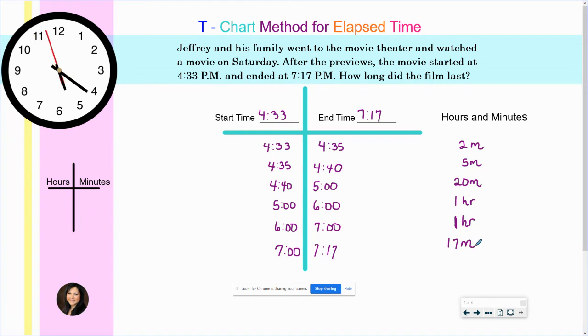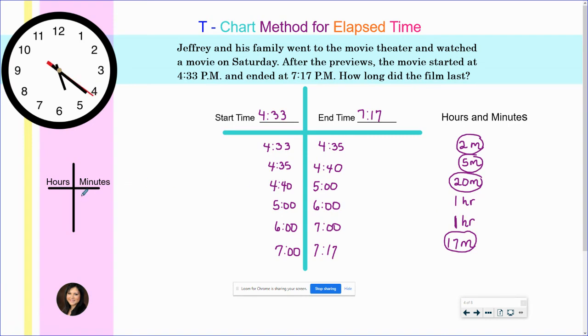I have my times recorded. I have the time that has elapsed between each of the times. And so I'm ready to add. So I'm going to add my minutes first. 2 minutes plus 5 minutes plus 20 minutes and 17 minutes.